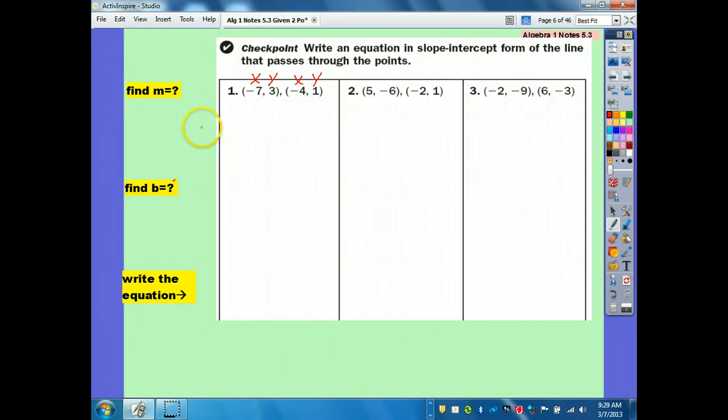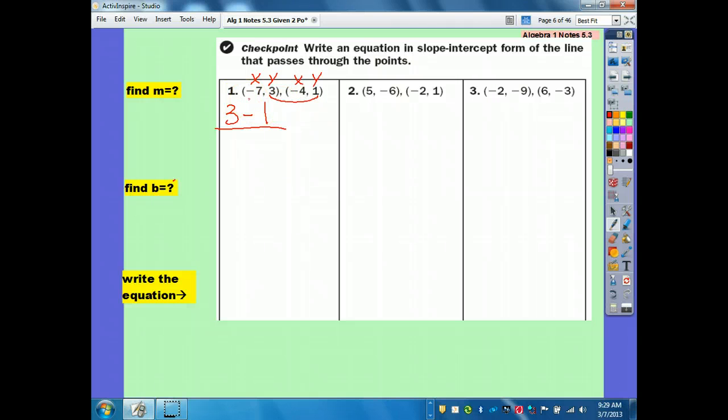So on the top, finding the slope. What minus what on the top? Okay, you want to go 3 minus 1 on the top. That's the majority that I'm hearing. So if I go 3 minus 1, I have to go -4 minus -7 on the bottom, right?